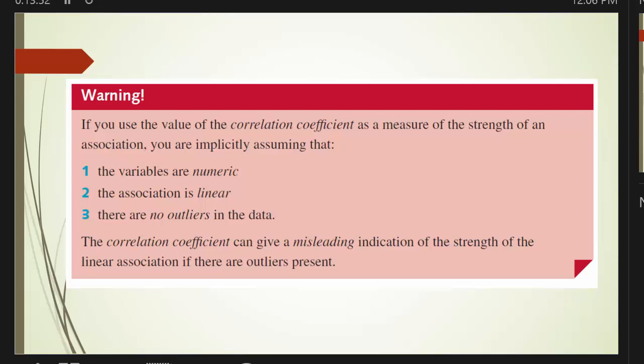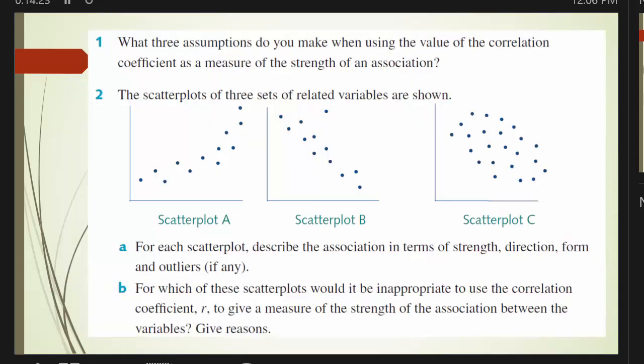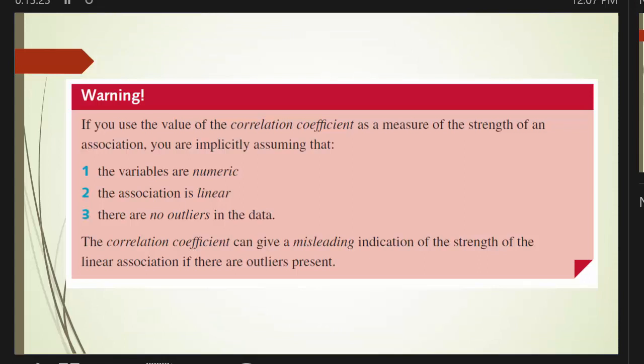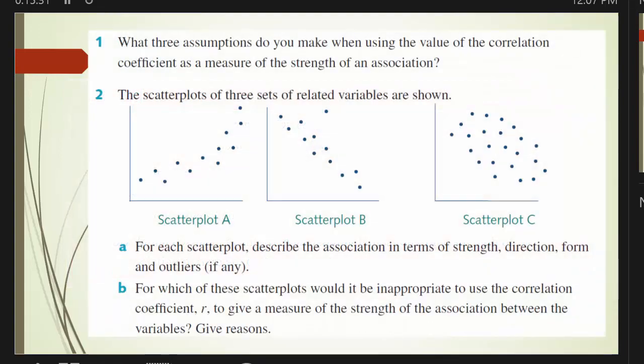Don't try to use the R value if the data has an outlier in it. Take the outlier away. It's all in the textbook, as you can see. So here's your first question. Question 1, what 3 assumptions do you make when using the value of the correlation coefficient R as a measure of the strength of an association? The correlation coefficient is produced from numbers. It's linear and no outliers. So that's the answer to question 1. You remember what it said?